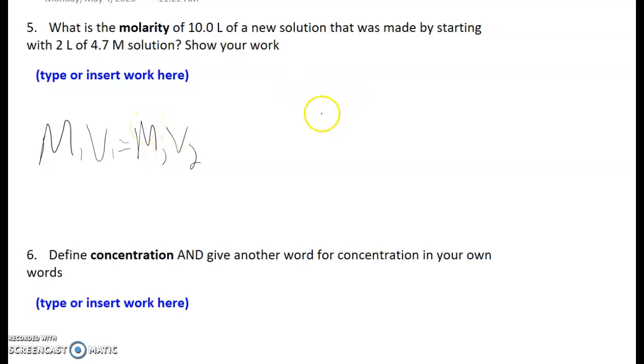So before I even look at the problem, I'm going to get all my variables set up. M1V1 equals M2V2. Great. Now I'm going to read the problem. What is the molarity of 10 liters of a new solution? So this is going to be my new thing.